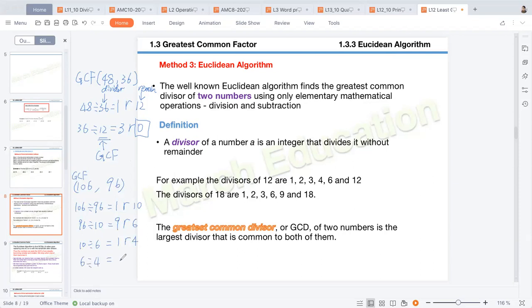The answer is 1, and the remainder is 2. And the next step, I just use 4 divided by 2. The answer is 2, and the remainder is 0. Okay, so when you see 0, you know this number is the greatest common factor.